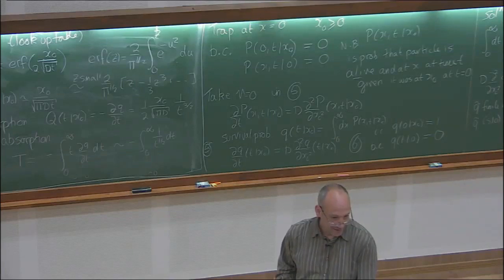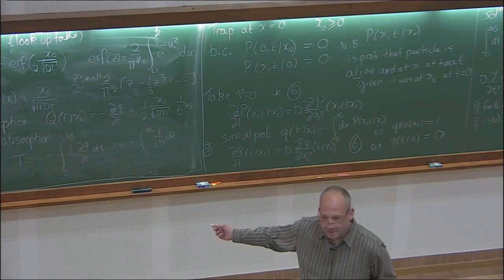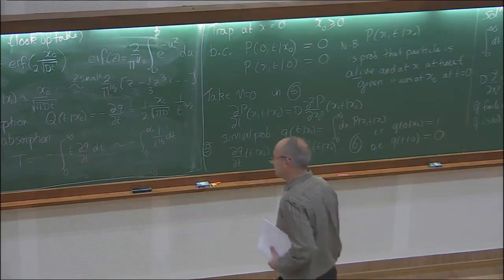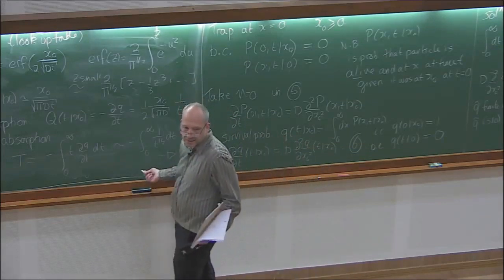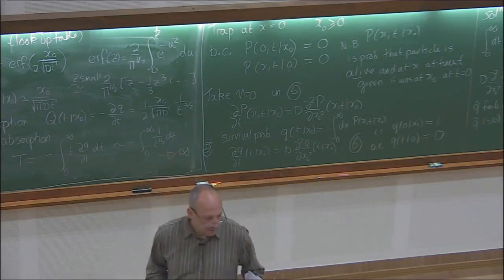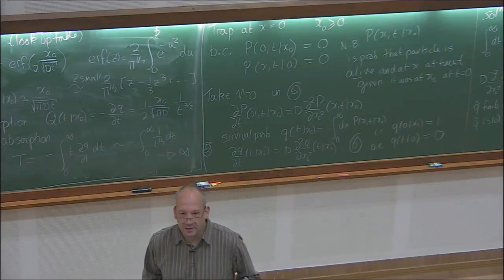It's a kind of trick question. This integral is not defined, it diverges. So this is the point. We didn't do anything wrong, that's just the answer. The mean time for it to reach the origin is infinity.